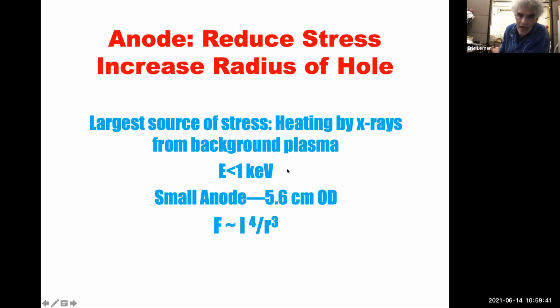The X-rays from the plasmoid are very high energy, and with beryllium, they pass either totally through the beryllium or so deeply into it that their energy is dispersed. But the low energy X-rays from the background plasma are absorbed in a very thin layer. So with a small anode, the force actually increases as I to the fourth, again, over r cubed. That's the radius of the hole, not the radius of the anode.